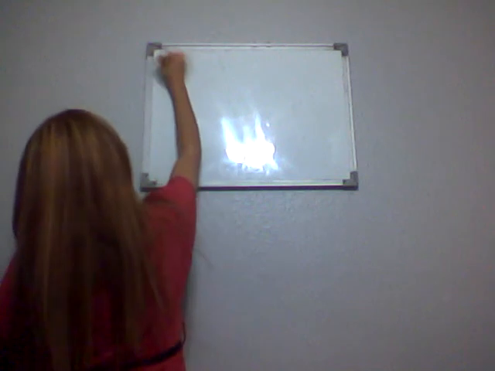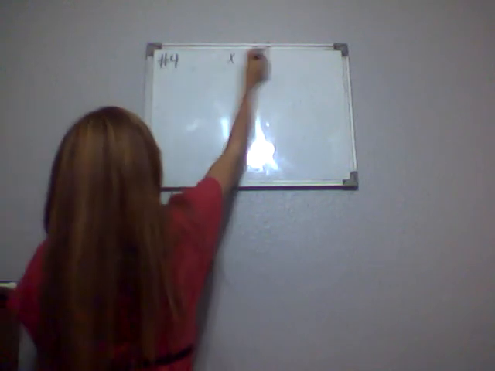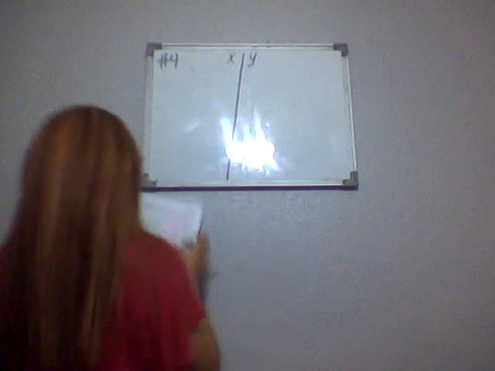they're giving you the x values on the function table, which are these. This is number 4. This is x, y.